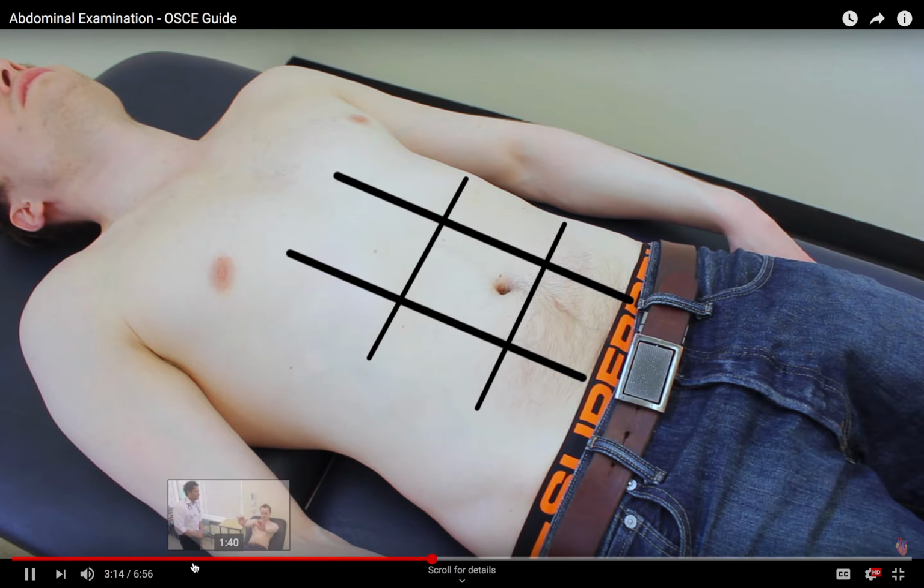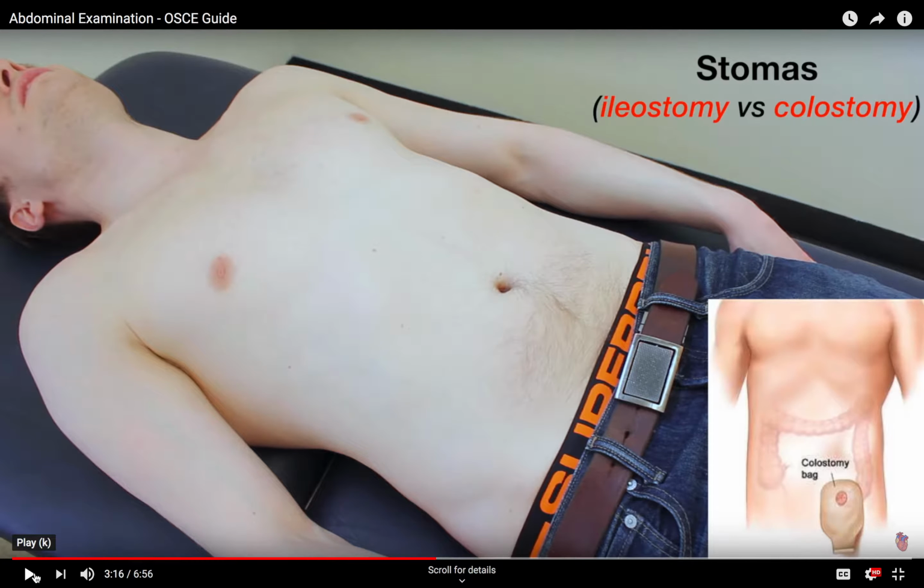So caput medusa, which you may want to look up, you find often in patients with liver failure. What they'll often have is ascites. That's the typical quite distended, round, tense abdomen that almost looks like a pregnant abdomen, which means that they've got ascites.